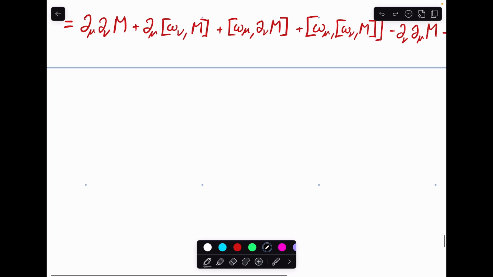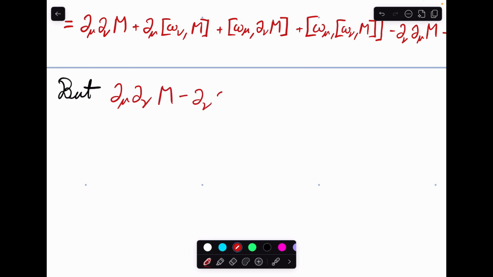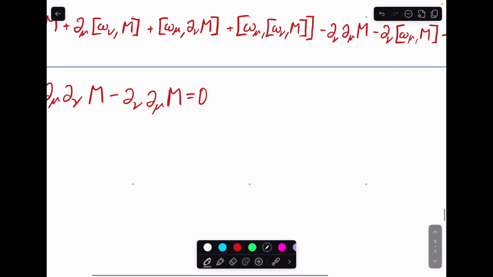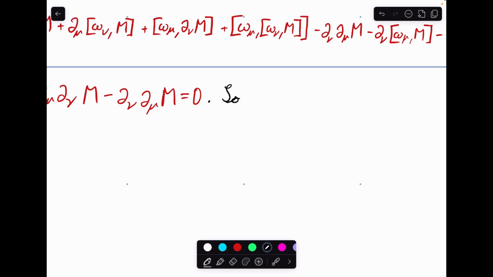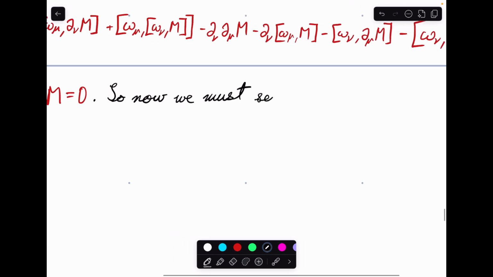So we can say, but partial nu minus, or yeah, m minus partial mu m equals 0 by definition. So now we must separately expand the following.